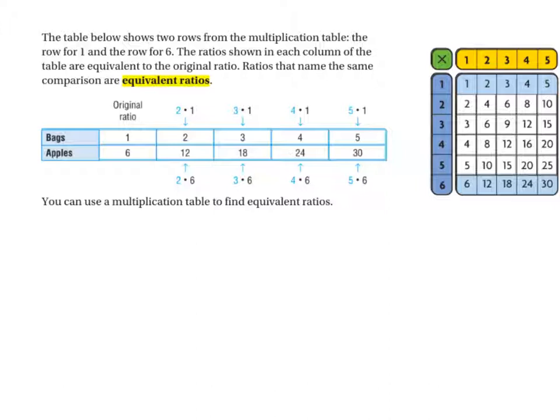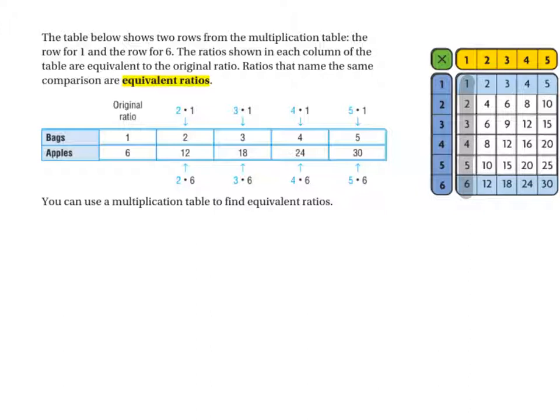So our original ratio, looks like we're doing bags to apples, was a 1 to 6 ratio. So what we did is we highlighted all of the 1s and all of the 6s, and then we can fill in our table by simply looking up and down this chart.